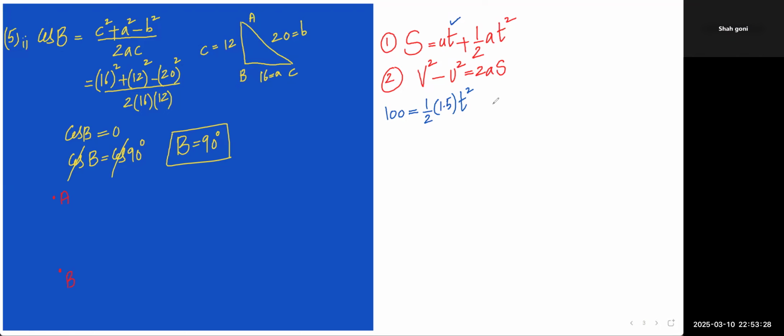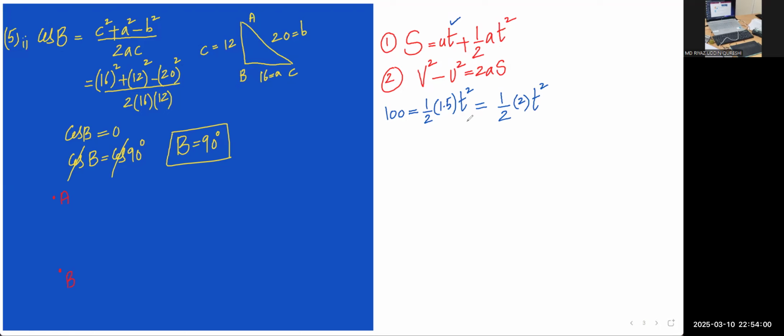Now, when they are at rest, both cars will have initial velocity 0, no? Which is equal to, you see, for car A the distance is given as 100, but for car B it is not there. Initial velocity will be 0, and 1 by 2 into the acceleration of the second car, which is 2, into t square.